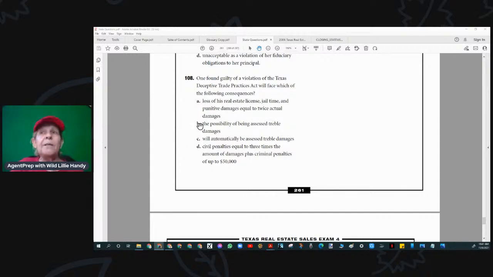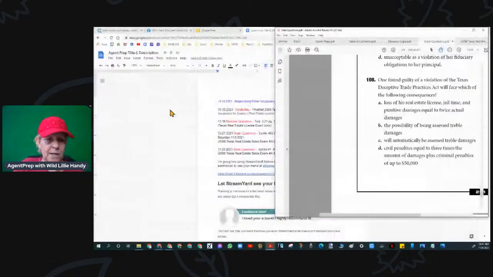B, the possibility of being assessed treble damages. C, will automatically be assessed treble damages. D, civil penalties equal to 3 times the amount of damages plus criminal penalties up to $50,000.